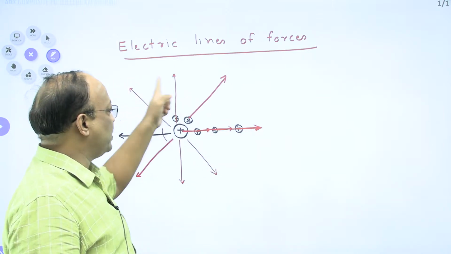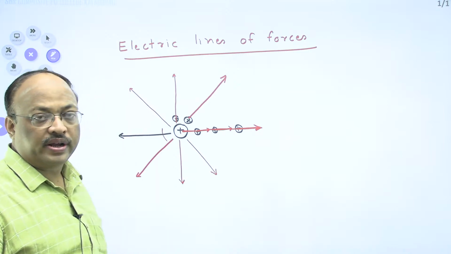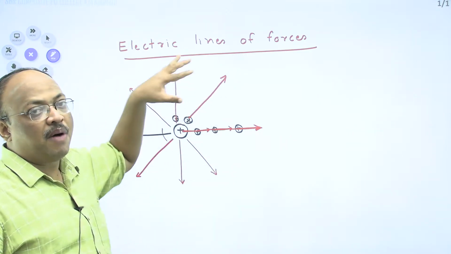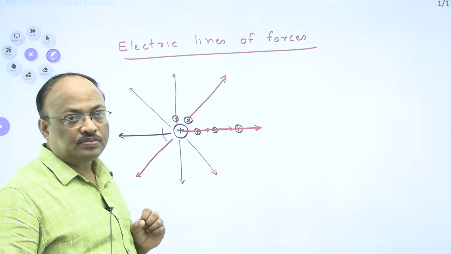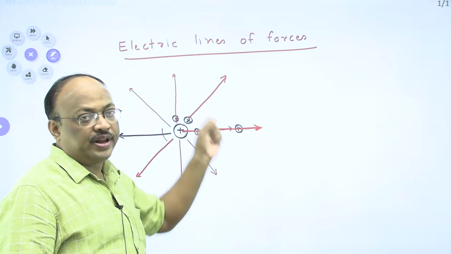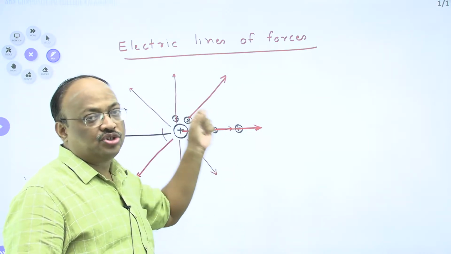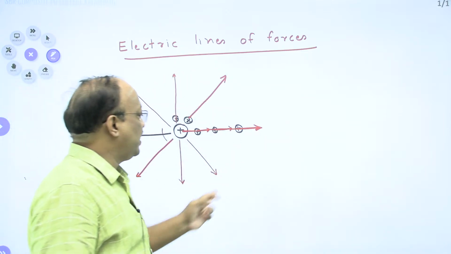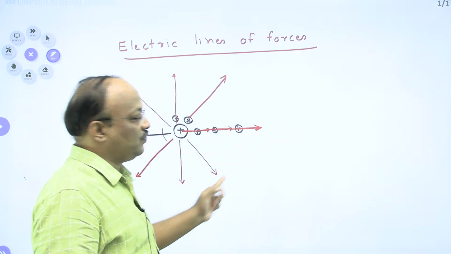The geometrical representation of the path followed by a very small positive charge, we say it as electric lines of force.